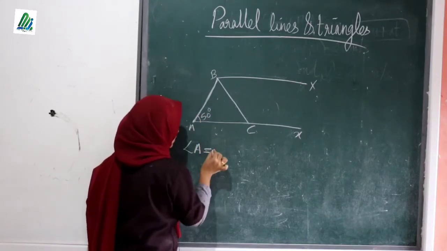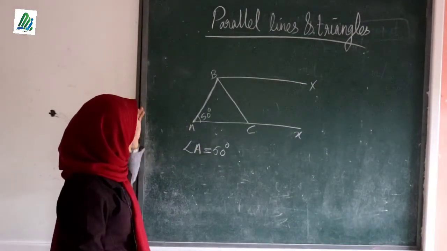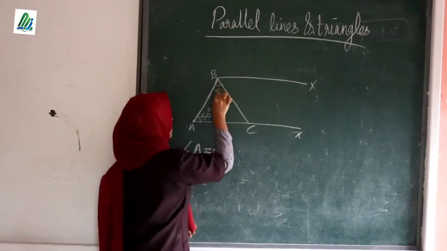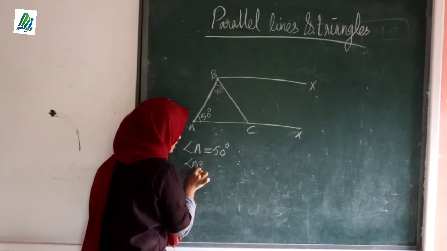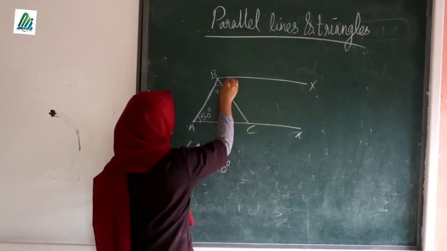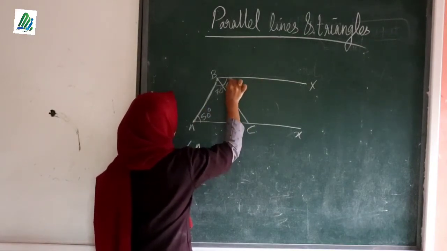Here this angle A is given 50 degree. Angle ABC is given 70 degree. And this angle, which means ABY, is also given 60 degree.